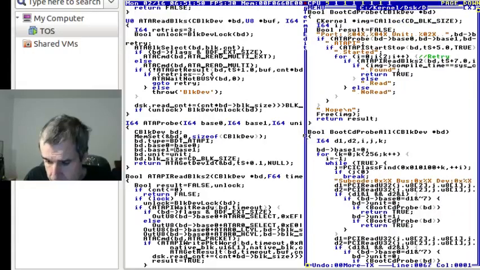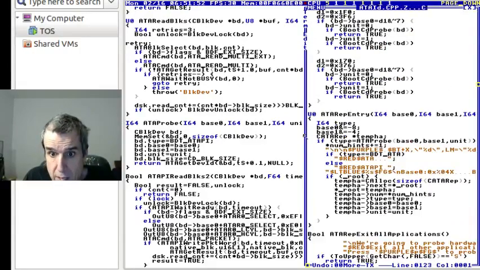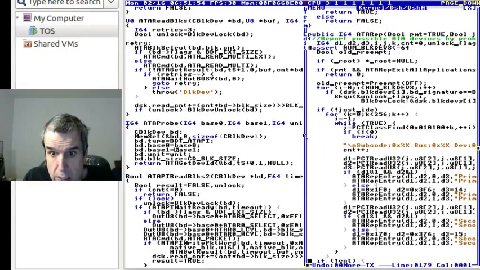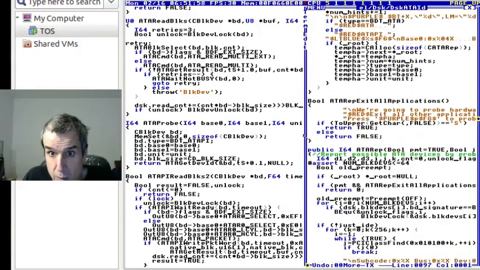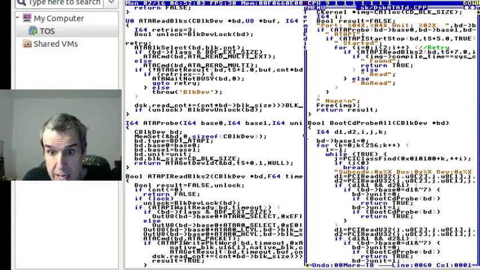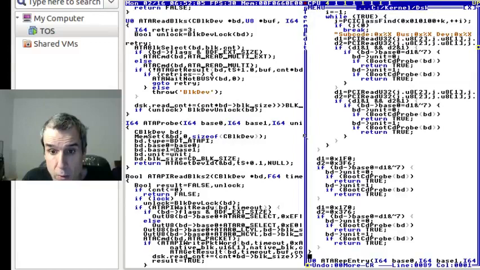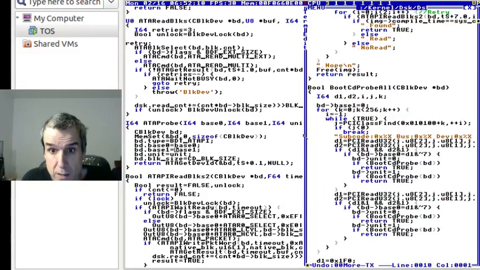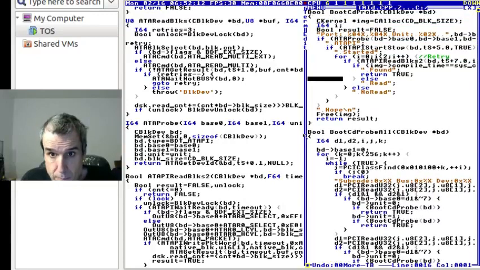Okay, so I have to identify which port. I have to identify when it boots. I don't know the CD-ROM drive that it booted from, and I have to probe in order to determine. ATA probe is used when I try to test for a CD-ROM.